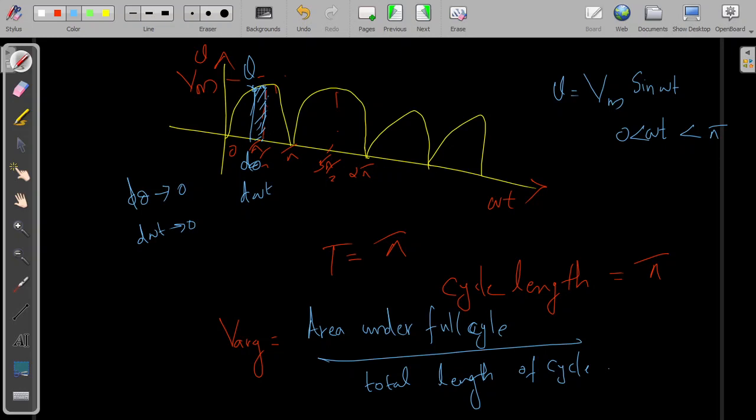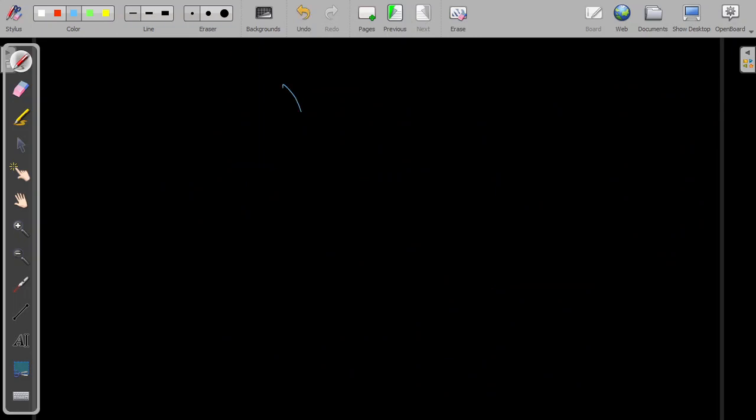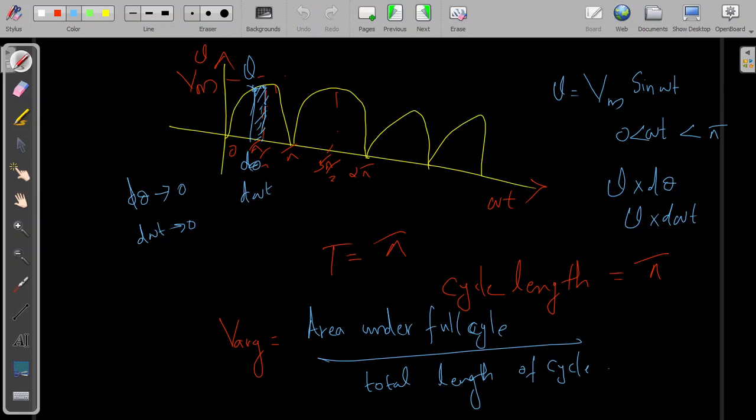So the shaded area is given by height into width, the rectangular area, that is v into d omega t. That means Vm sin omega t d omega t is the small area here.